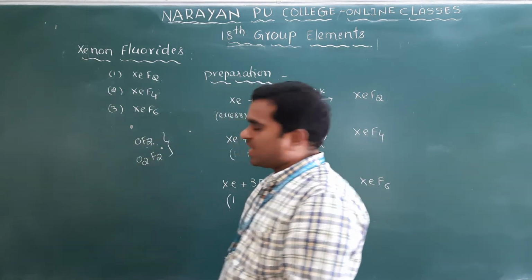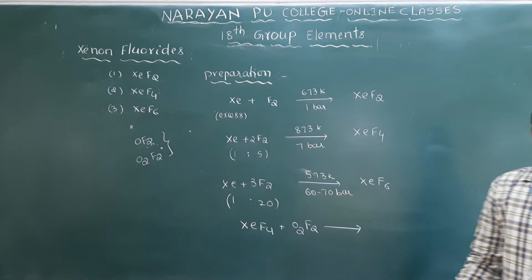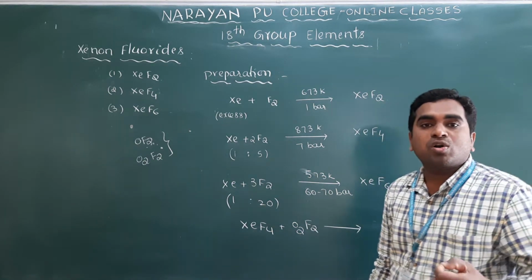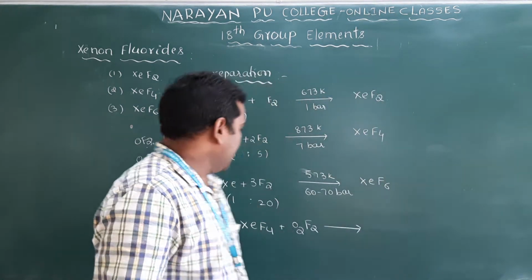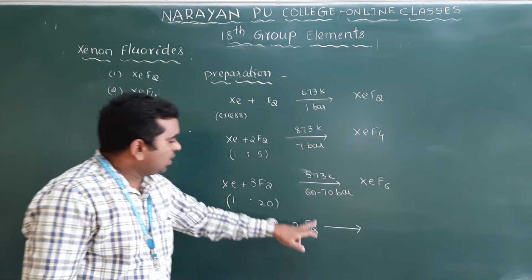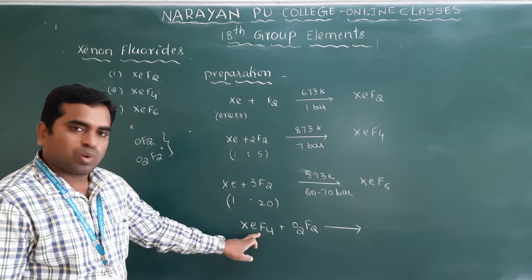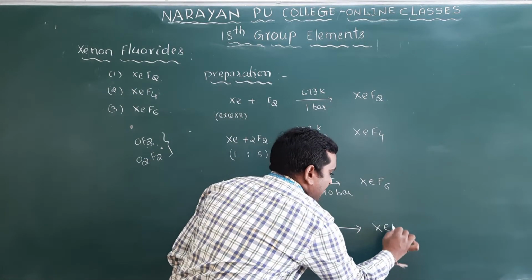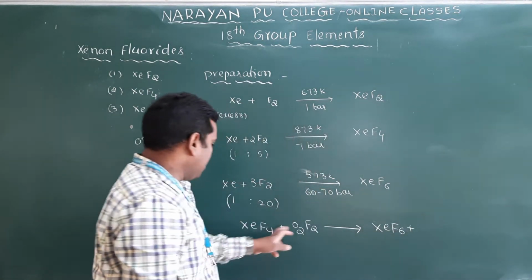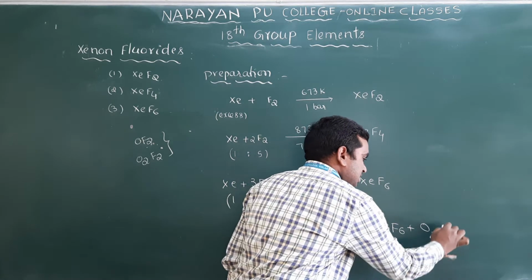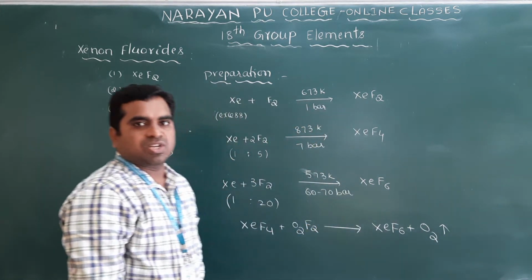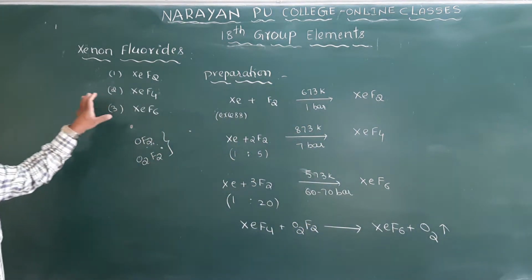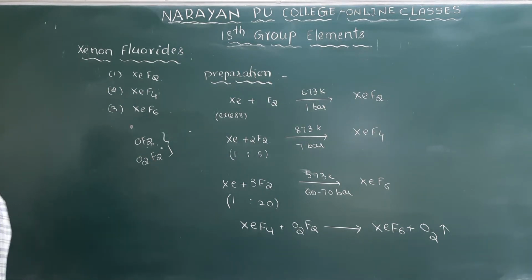Both are very powerful fluorinating agents and also oxidizing agents. The fluorinating agent provides fluorine to XeF4, two fluorines, so you will get XeF6 plus oxygen. These are the preparations of xenon fluorides.